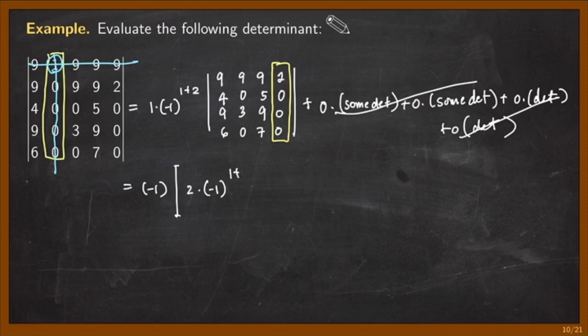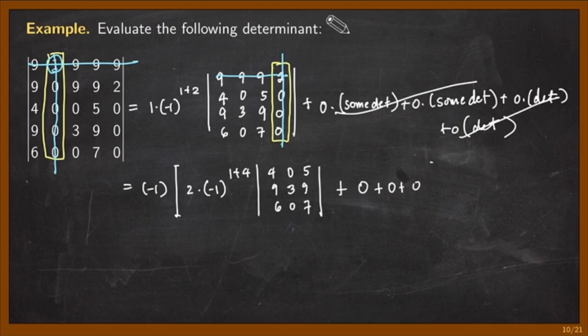It's 1 plus 4, times the determinant of the matrix obtained by deleting the first row and the last column. So what remains is 4, 0, 5, 9, 3, 9, 6, 0, 7, plus zeros. Upon simplifying, the scalar outside the determinant is now just negative 1 times negative 1, times 2, that's just 2.